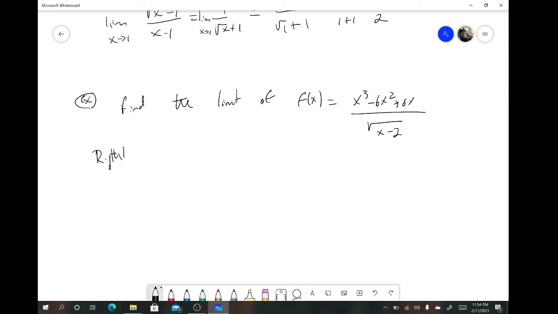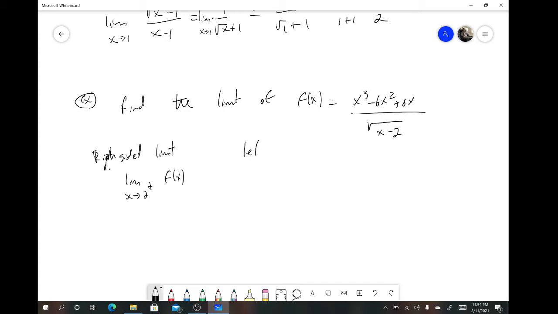So that's the limit as x goes to 2 from the right side of f of x.